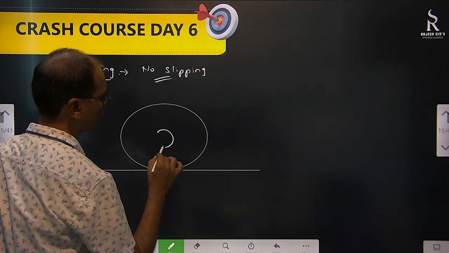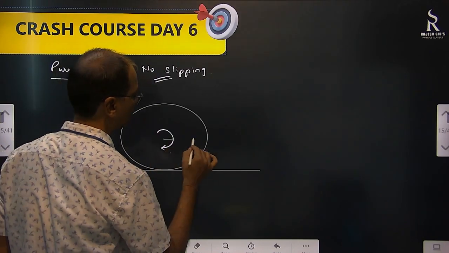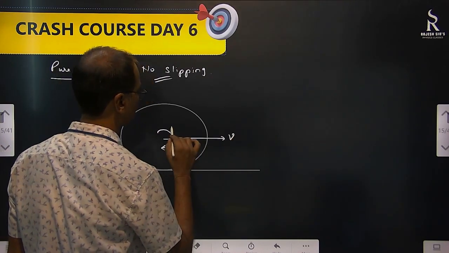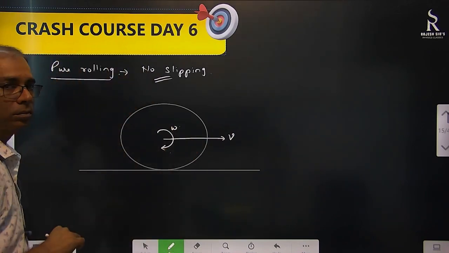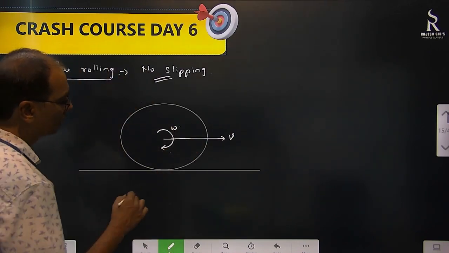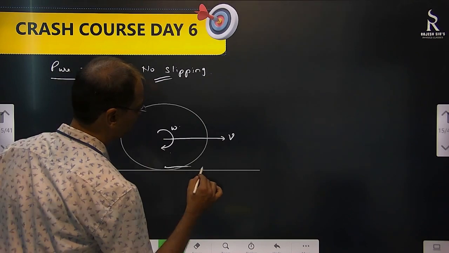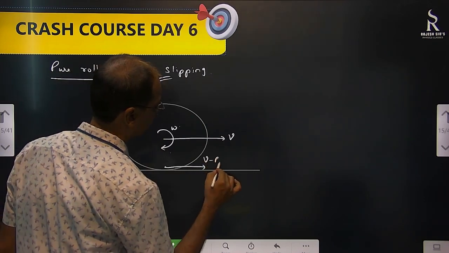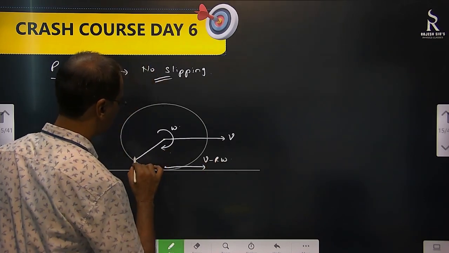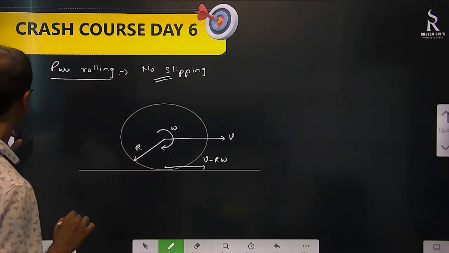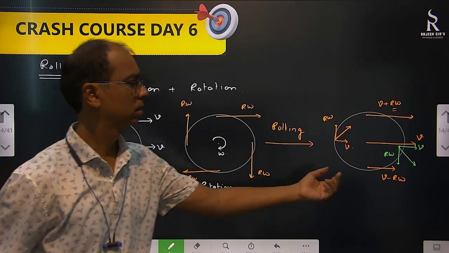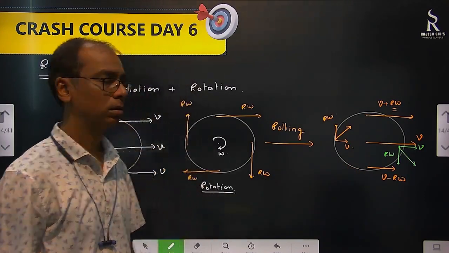That means rotation is also there and translation is also there. This is V, this is omega. So here is the contact. This point, as you said in the previous, the bottommost point is moving with speed V minus R omega.